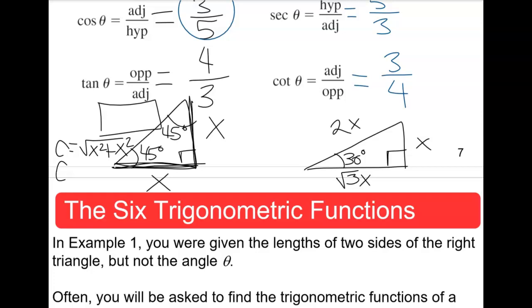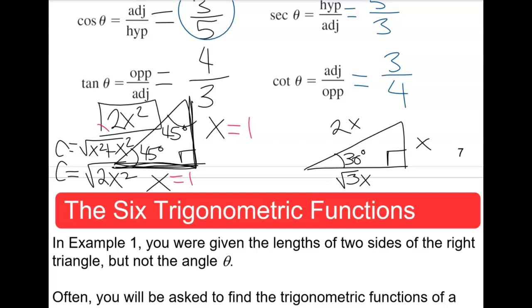So that will give us the square root of 2x squared. That is what the hypotenuse will equal. And in the case of the unit circle, if we say x is equal to 1, then the other x will also be equal to 1.